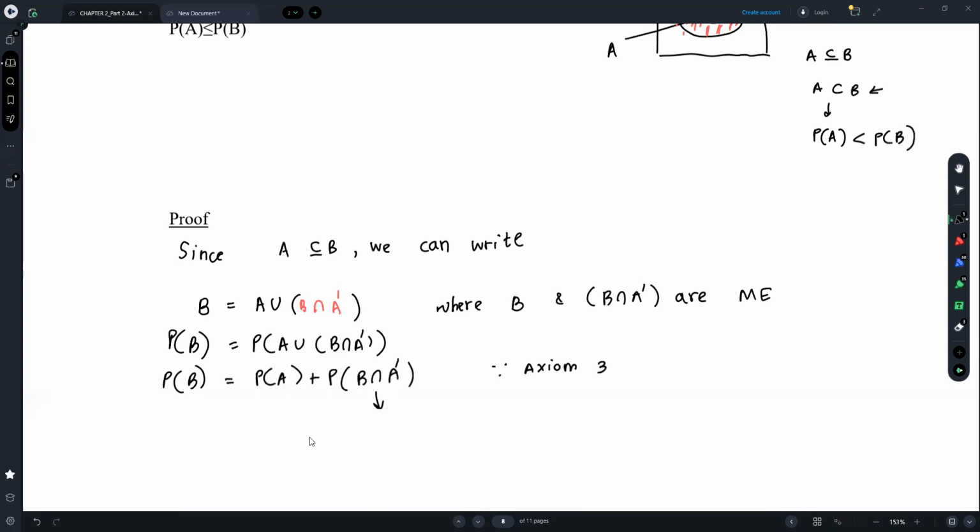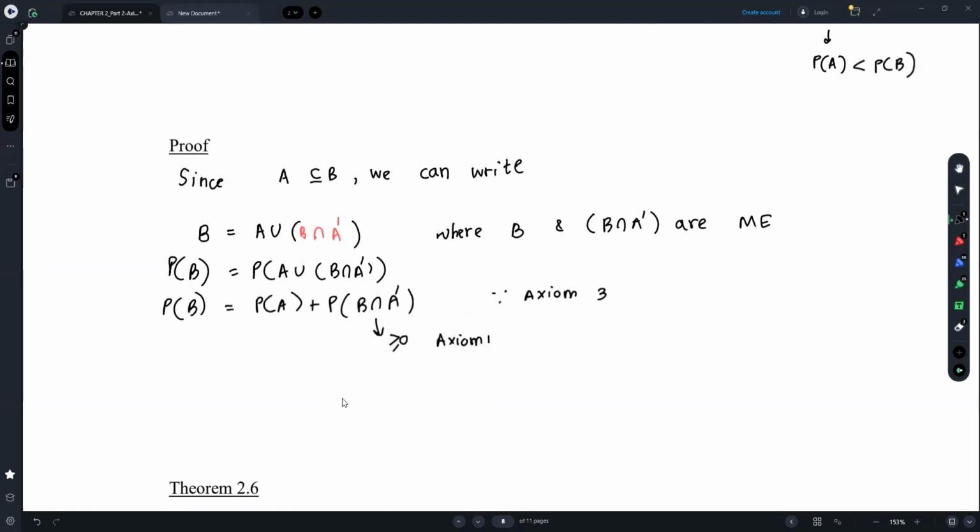But we know that this is always greater than or equal to 0. That is the first axiom. Any probability value is greater than or equal to 0. Therefore, if P(B) is P(A) plus something else, if you get rid of this one, you can always write P(B) is greater than or equal to P(A), which is P(A) less than or equal to P(B).